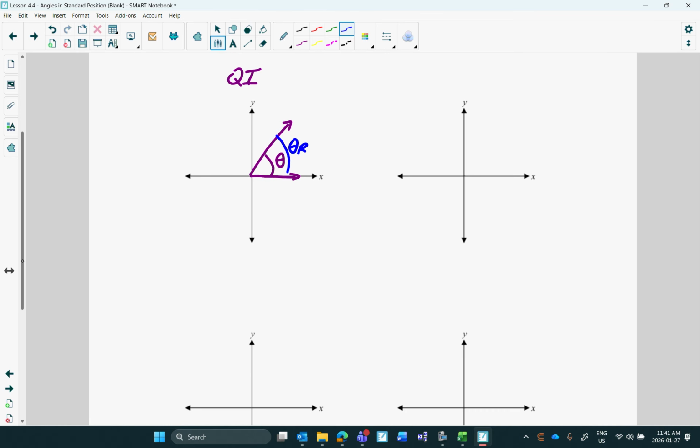So if I tell you that theta is, say, 30 degrees, the reference angle is equal to the exact same thing. If I give you the reference angle and I say, okay, this is 20 degrees, well, then the actual angle will be the exact same thing. So they equal each other. That's the easy one.